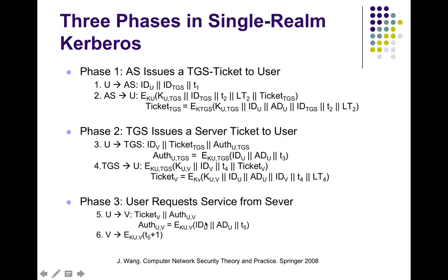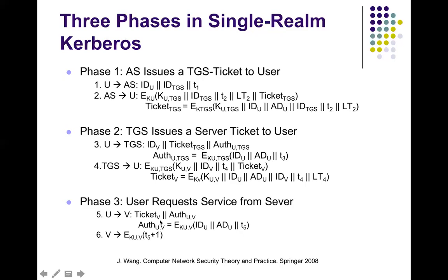Now see this authentication code. This is the user ID, the MAC address of the user's computer, and this is timestamp T5 when this request happens.